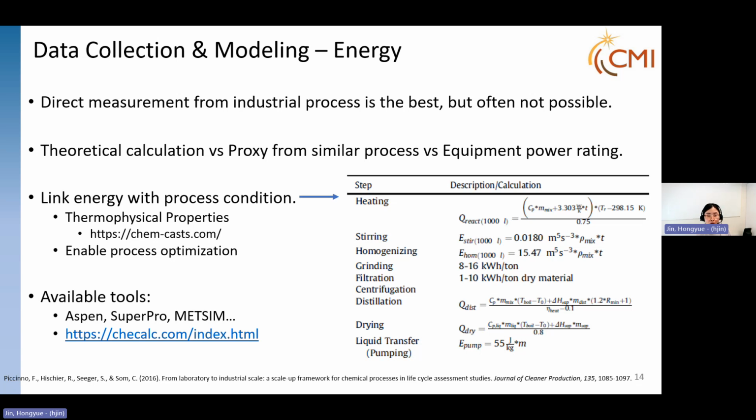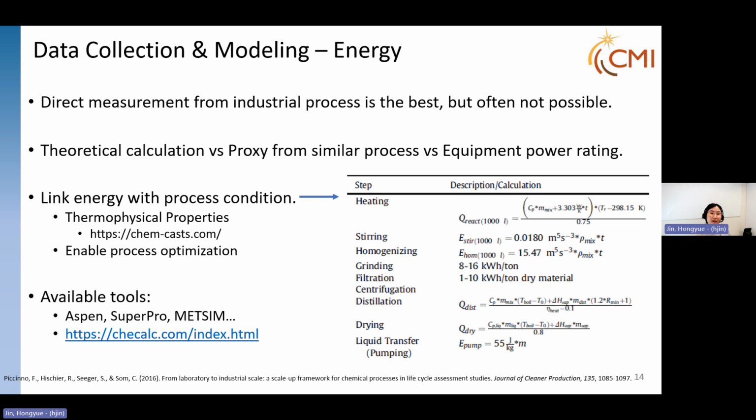Some examples are shown in this table from this reference. Another approach is a proxy from a similar process, like the top-down approach of TEA we mentioned before, where we look into similar processes and see what the energy consumption is for those. And then equipment power rating.